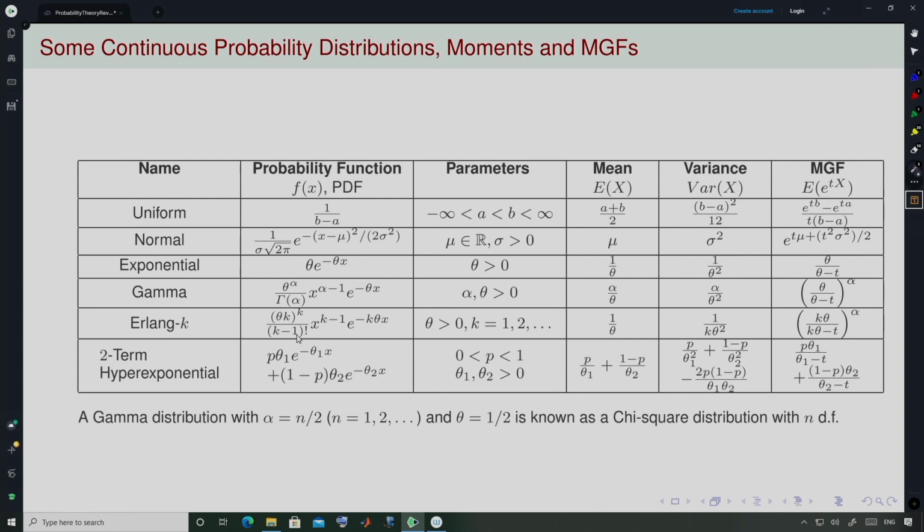Similarly, we would also like to focus a bit more on the continuous distributions and their moments and MGFs as well. So, here, as usual, like in the discrete case, we might use these kinds of distributions more than normal and uniform.